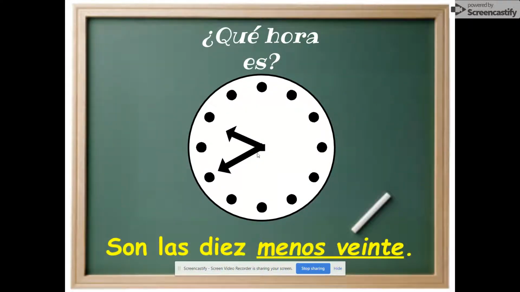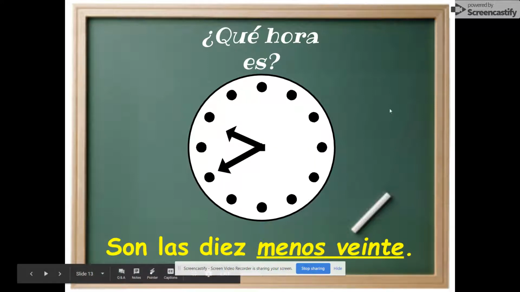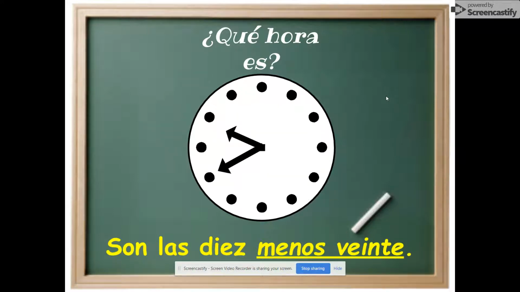Here, because the hand is in the left side, we are going to use menos. Son las 10 menos 20. We do this in English also, but we do it backwards. In English, we will say it is 20 to 10.